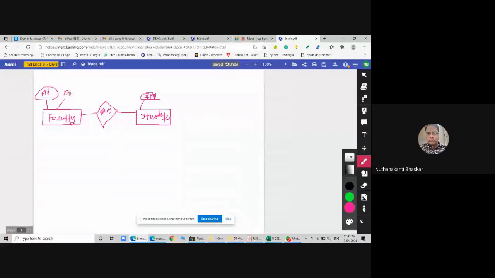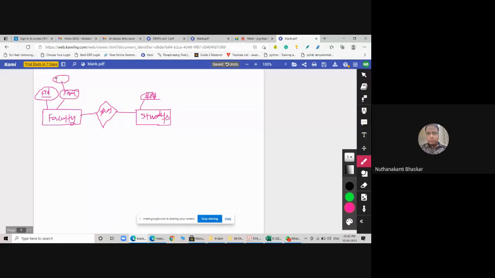Faculty name is which type of attribute? Composite attribute, very good. Someone is telling multivalued attribute. No. Faculty name, many names are there for one faculty. It is a composite attribute.